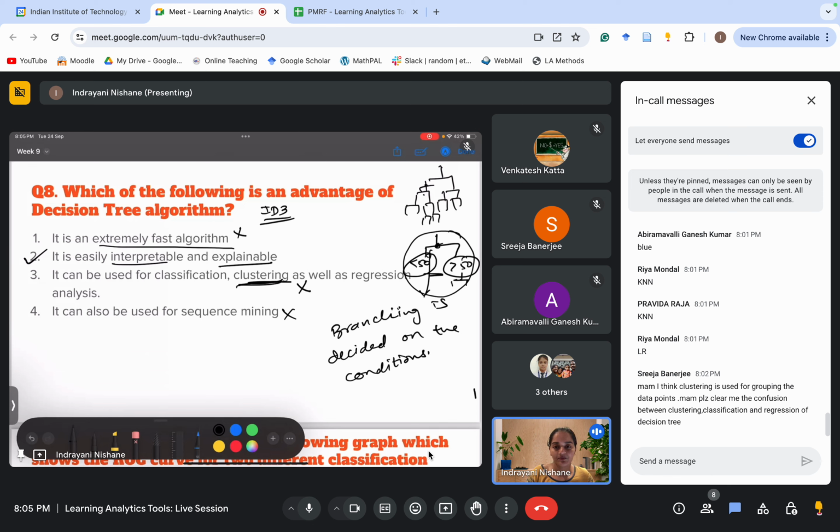That's the difference. Is this clear now? So the way of implementation is similar for classification and clustering, but the purpose is different. Or the bigger goal is different.